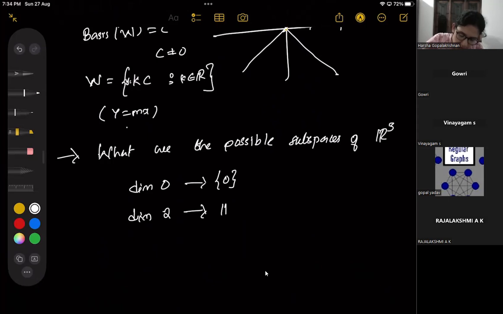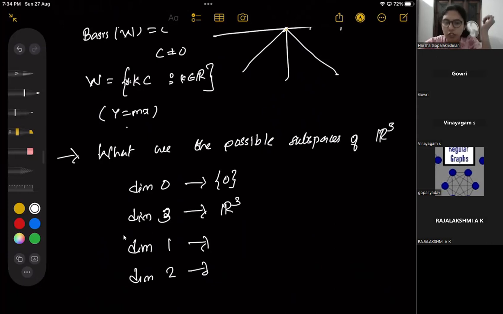Dimension 3 means it is R3. Now remaining are dimension 1 and dimension 2. For dimension 1 you may guess what the subspaces are, and dimension 2 also you can say. So, first of all, what are the subspaces having dimension 1 in R3?